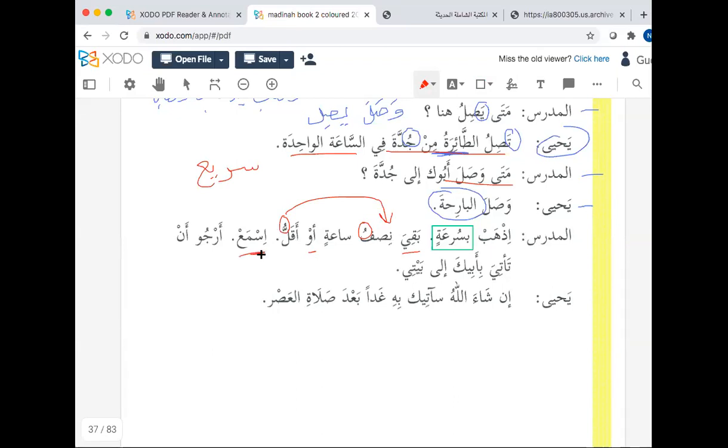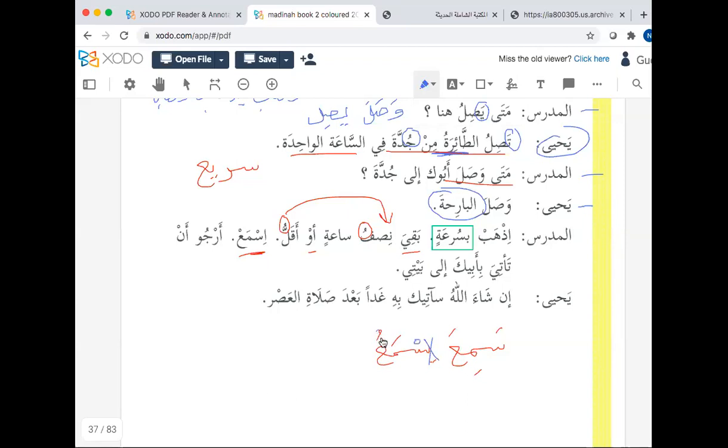And he said, isma'. Sami'a yasma'u, يسمع. He wants to make that into fi'l amr. What will happen? اسمع. Take the ya away, and you're left with this sin and sukoon on it.